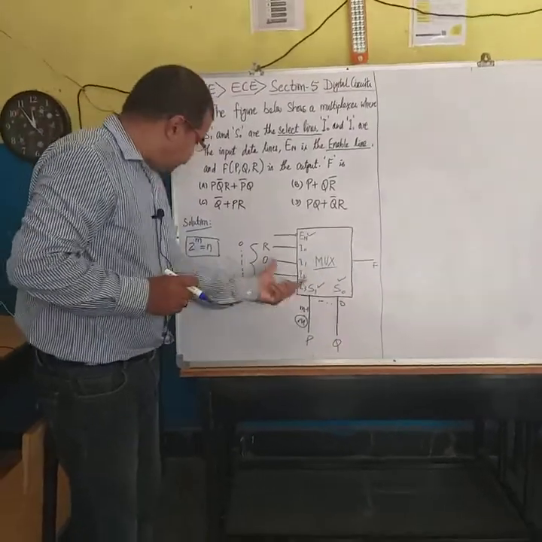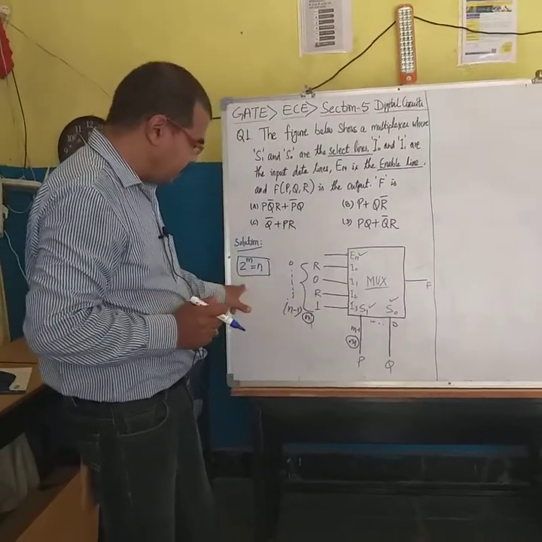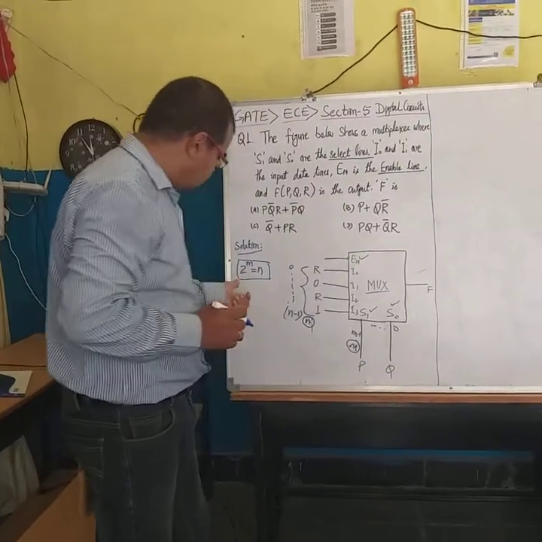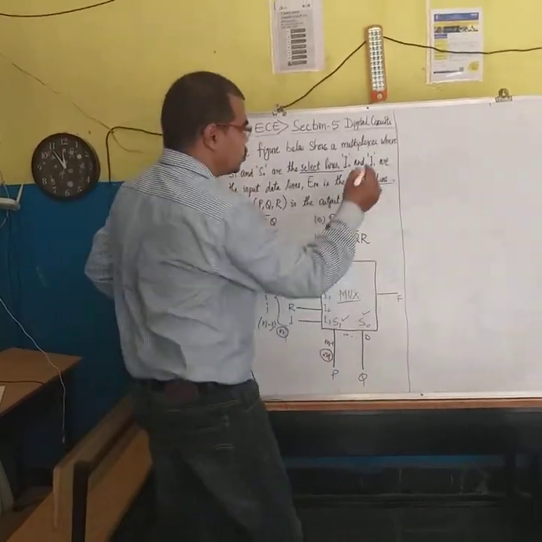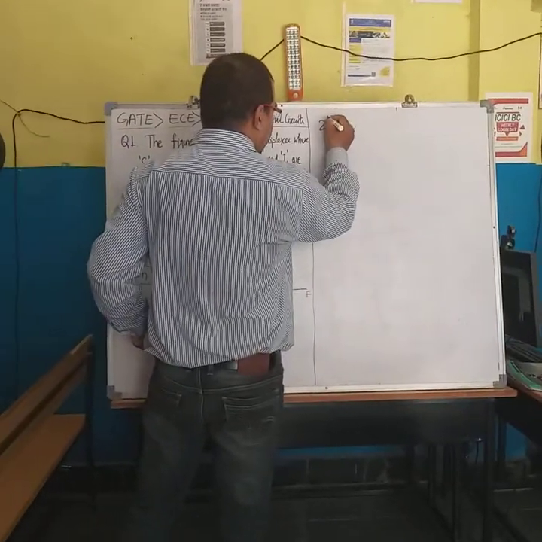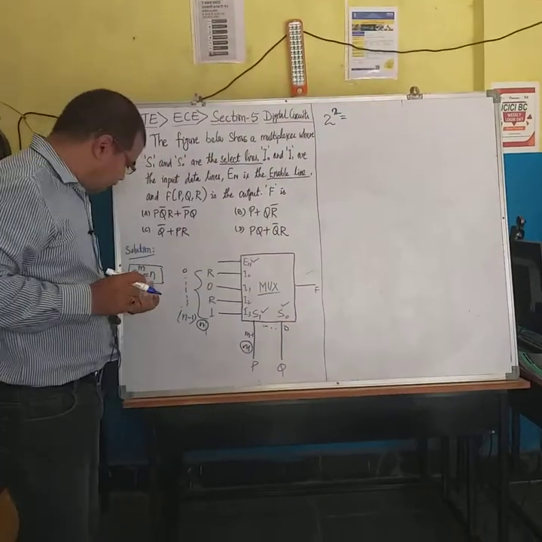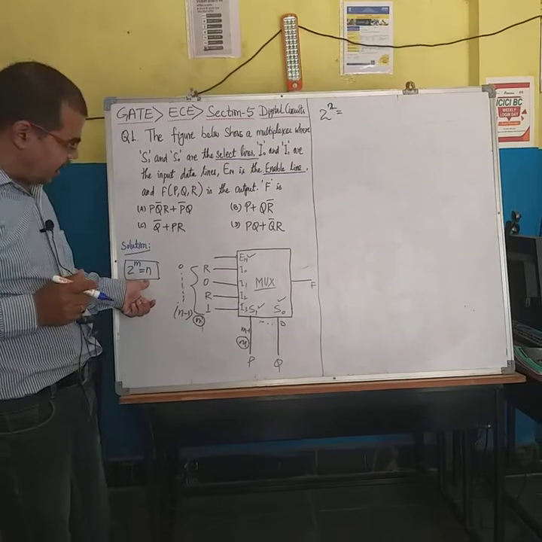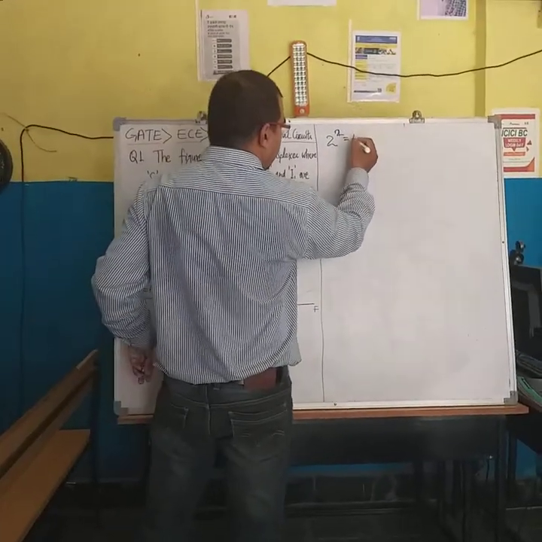If we use the same formula for this multiplexer, we will be having 2 to the power m. M means here we are having 2 select lines, so 2 to the power 2. And n, if you count 1, 2, 3, 4, we are getting 4.